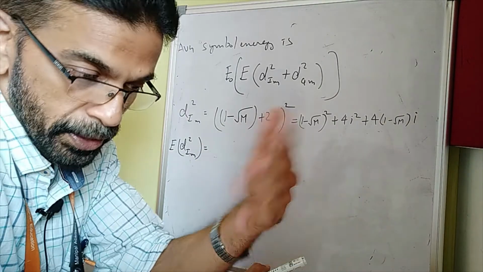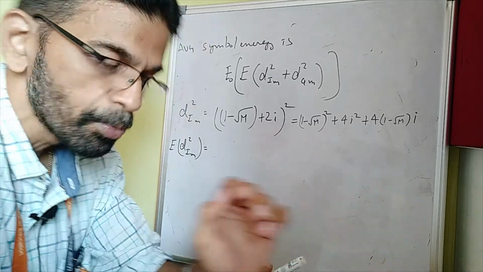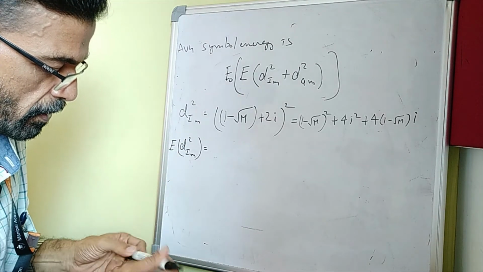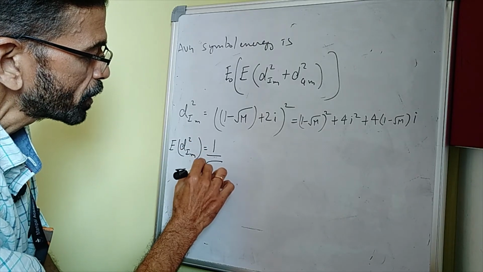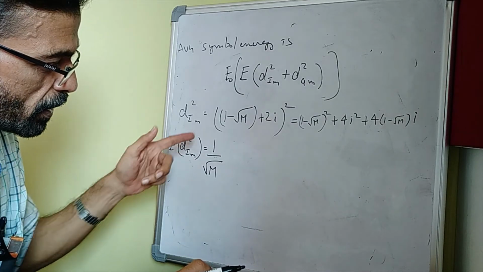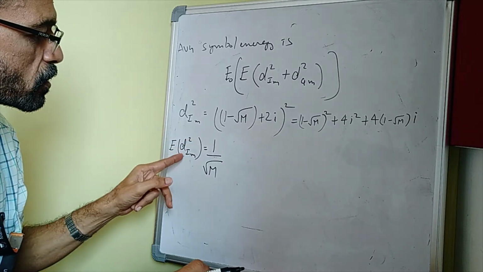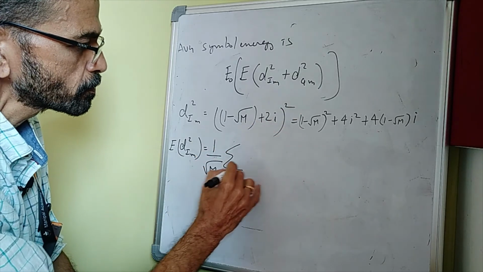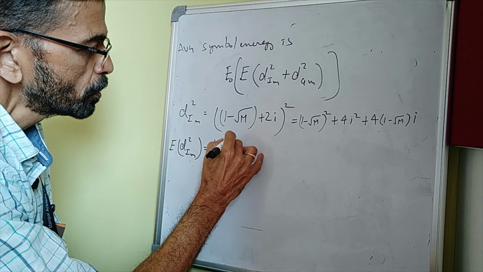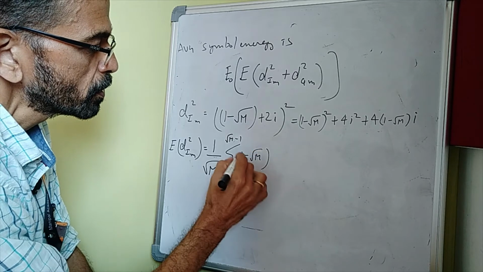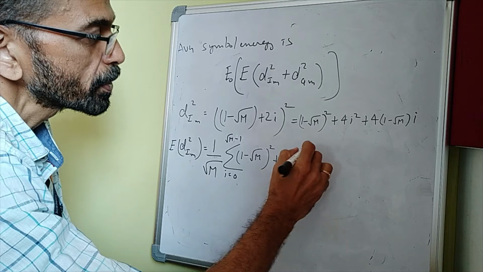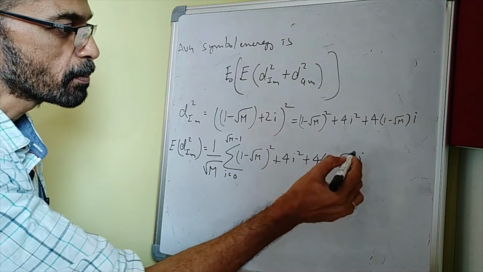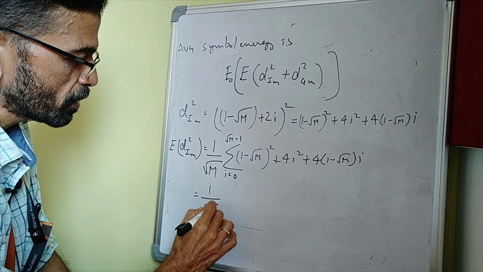So as I said, DIM as well as DQM can take root m different values, and if they are all equiprobable, the expected value of d square im can be written as 1 by root m, that is the total number of values which this can take, and in the numerator you will have the sum of the squares of the values which DIM can take, and that will be nothing but the summation for I equal to 0 to root m minus 1 of 1 minus root m square plus 4i square plus 4 into 1 minus root m into I. So this summation applies to this entire term, that will be 1 by root m.